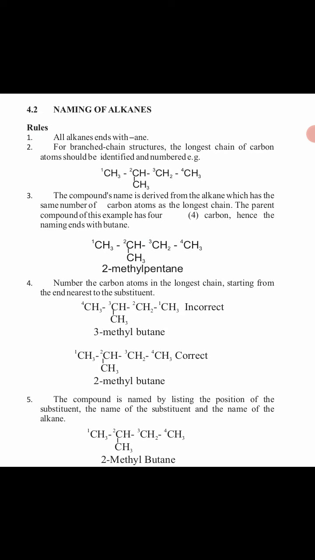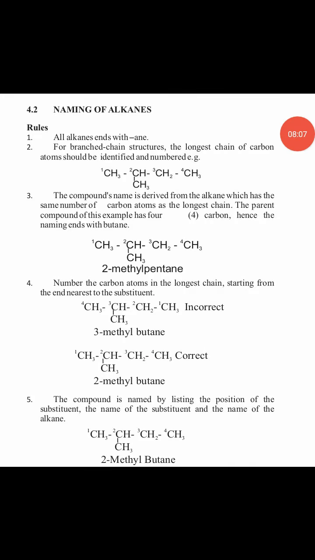Can you see? And the attachment is at 3, which is incorrect, like I explained before. When they went in ascending order from the beginning to the end, 1, 2, 3, 4, you see 2, which is the lowest number. 2 and 3, which one is lower? 2 is lower. So that's why the correct answer is 2-methylbutane, not 3-methylbutane.